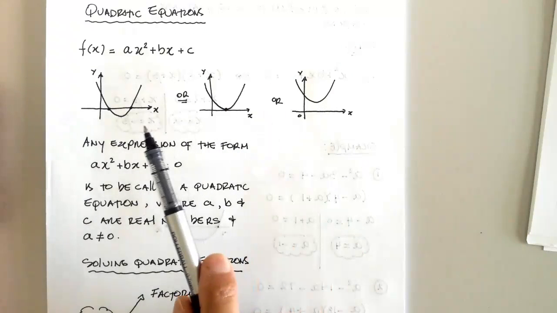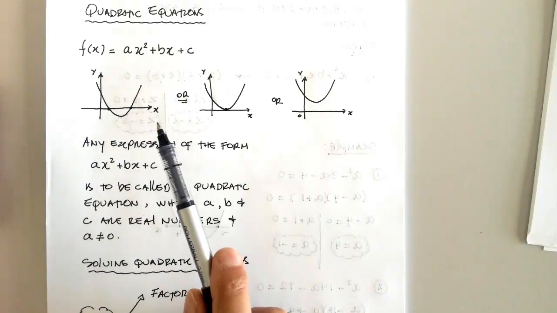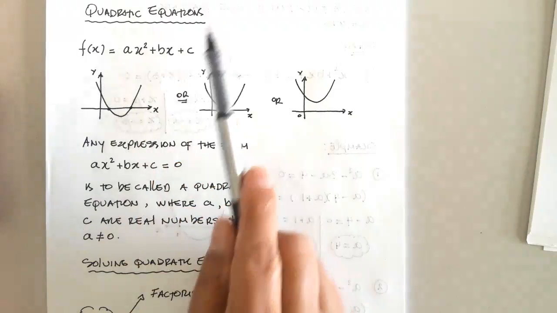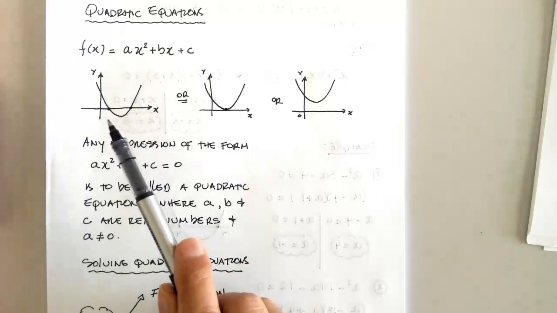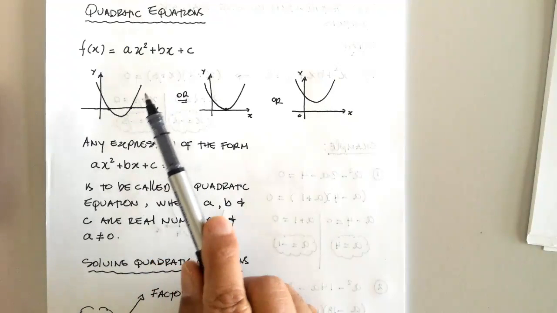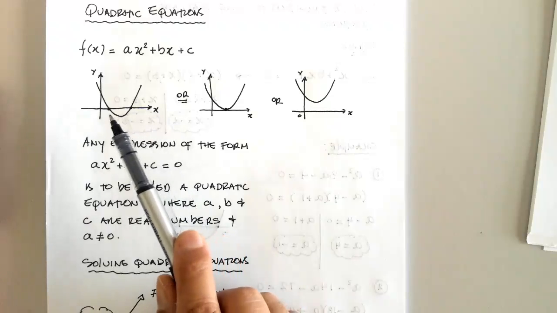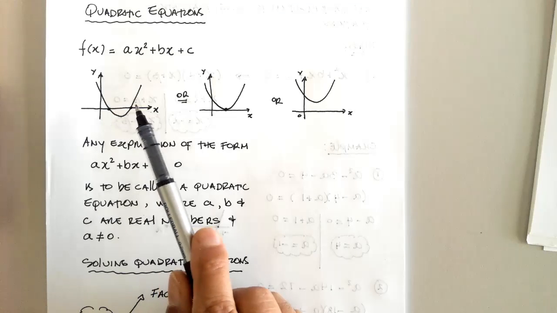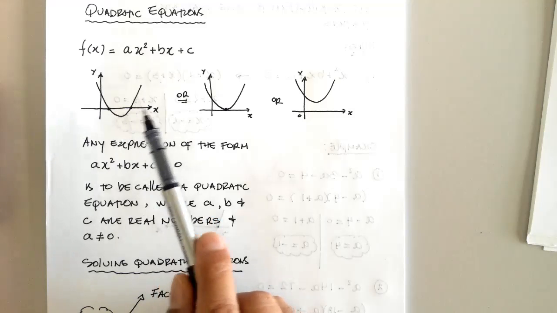When we solve what we call a quadratic equation, what we are actually doing is finding the point, or sometimes the points, where the curve crosses the x-axis.